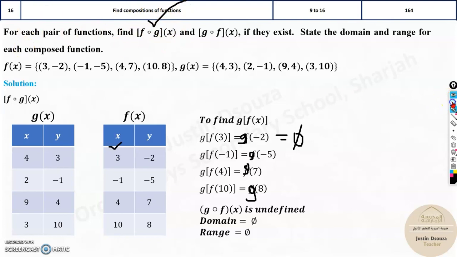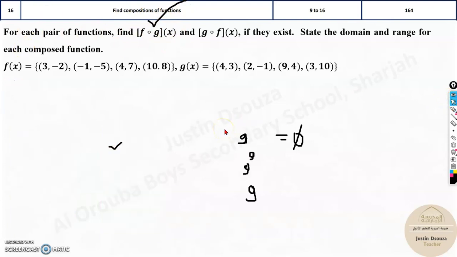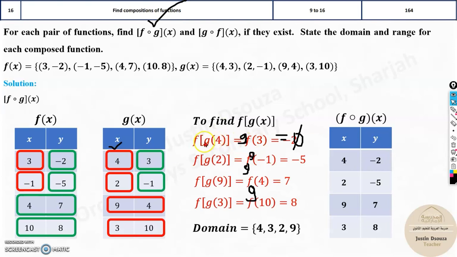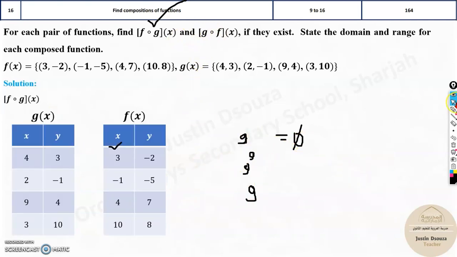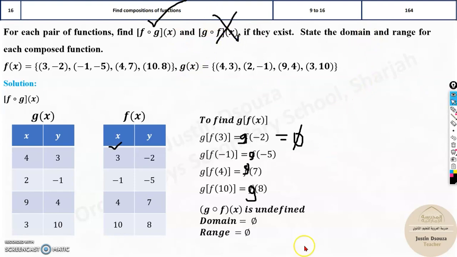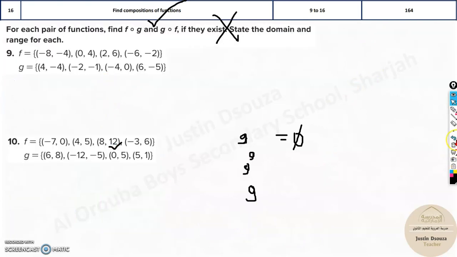We did it a while ago: g of 4 was 3, and there was f of 3. f of 3 was -2. So we got the answers. But here, g of f of x does not exist, and the domain and range are null sets. That is the answer.